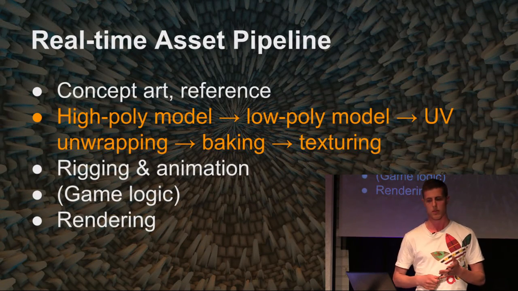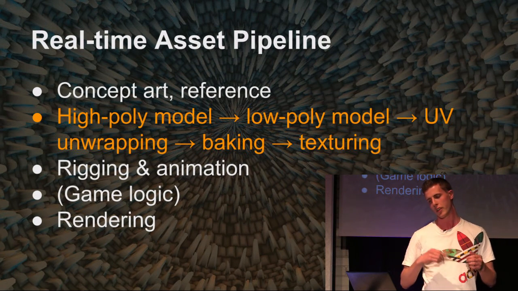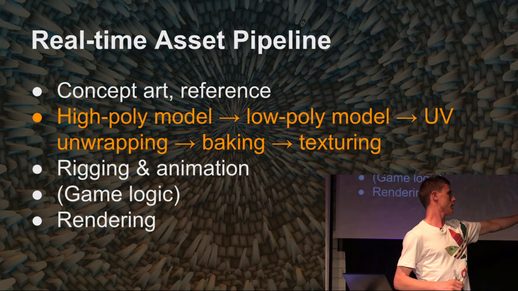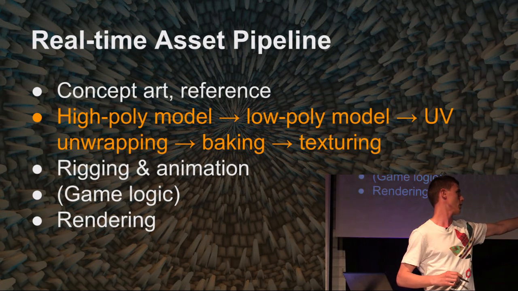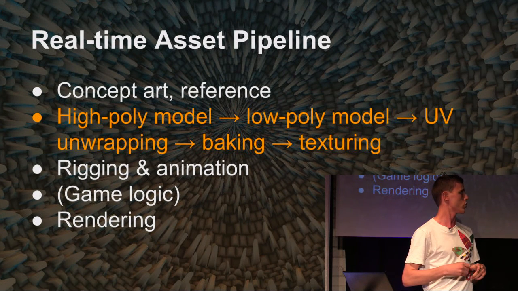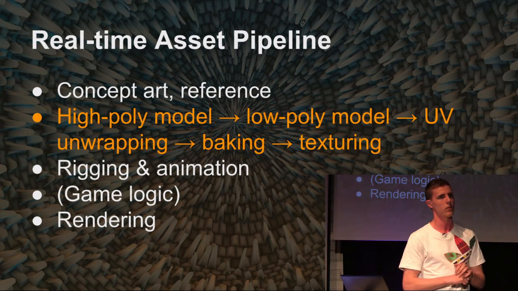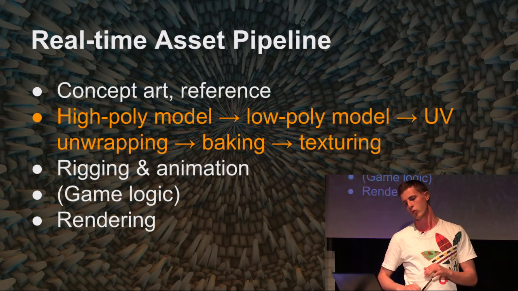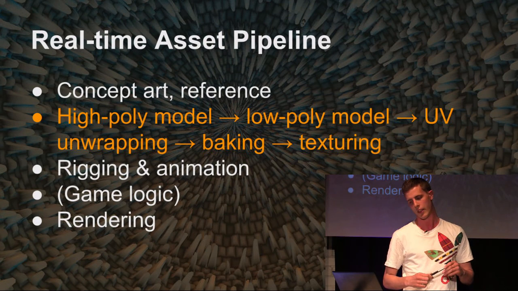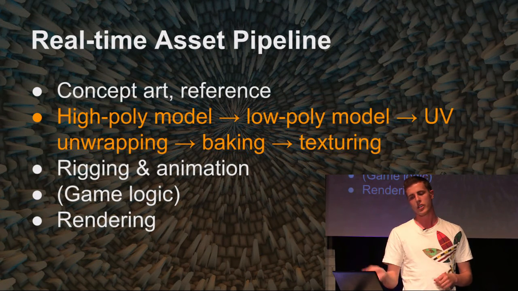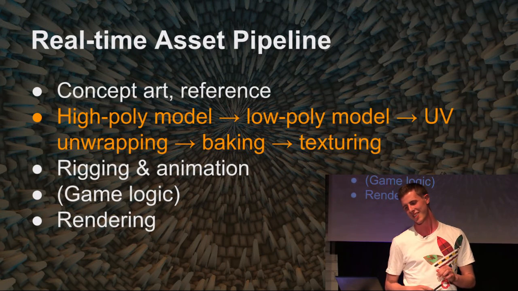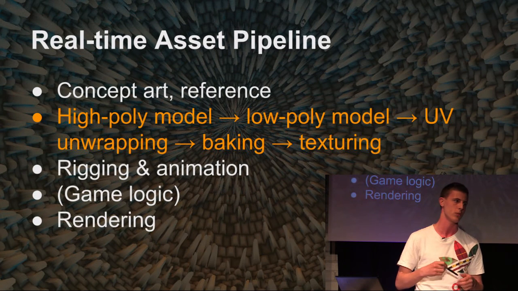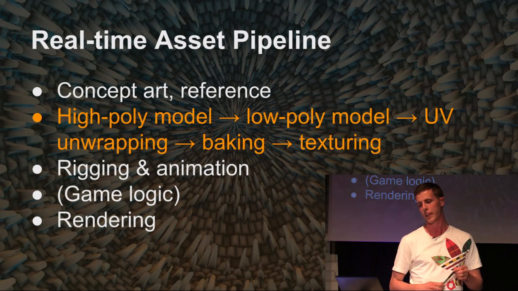So, here's an overview of the art pipeline. Basically, all this could be done by a single person, but mostly is handled by separate people. For example, in a game studio, there are artists who create concept art, and then the orange part, which is the modeling and texturing process, that would be handled by a single person or multiple people in a larger team.